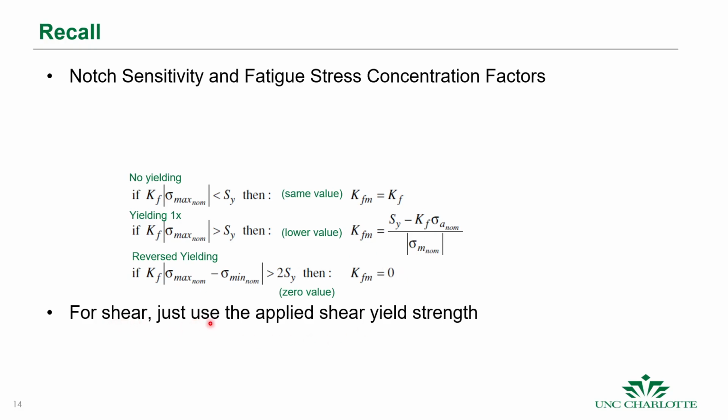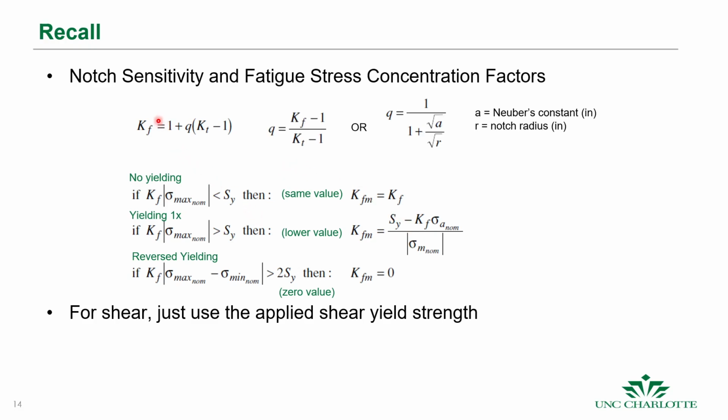For shear, you just replace your yield stress here with your shear yield strength. And recall that our fatigue concentration factors are found from our notch sensitivity and our static stress concentration factors. So we can use those either by calculating an average constant or looking at the tables that we have for that particular loading situation and geometry changes.